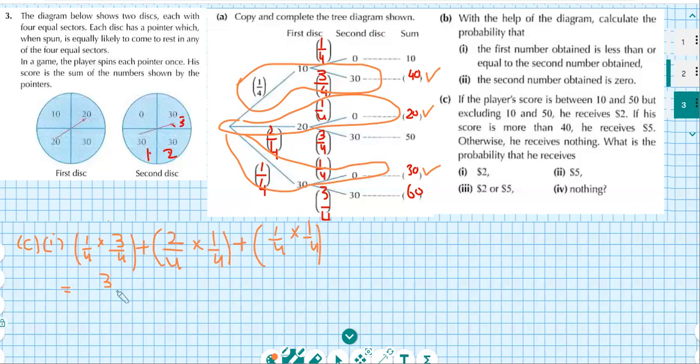So 3 by 16 plus 2 into 1, 2 over 16, and 1 over 16. So we get 6 over 16, or 3 by 8.